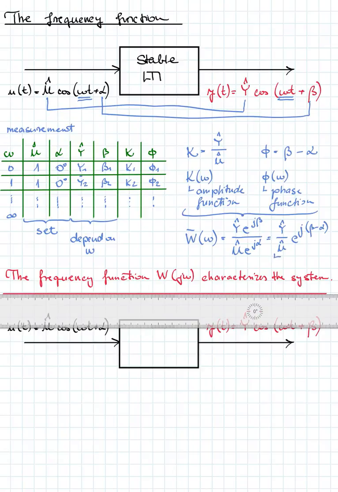So the first term is exactly the k function, and here we get exactly the phi function.